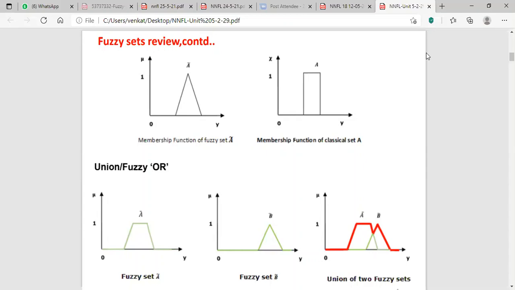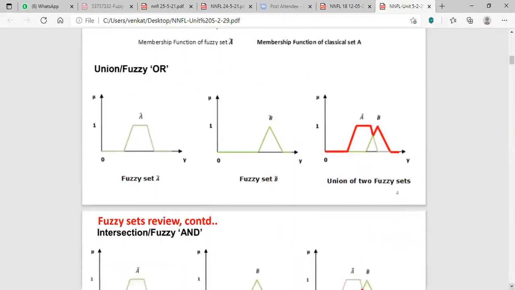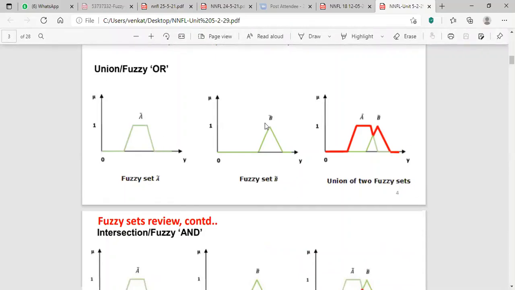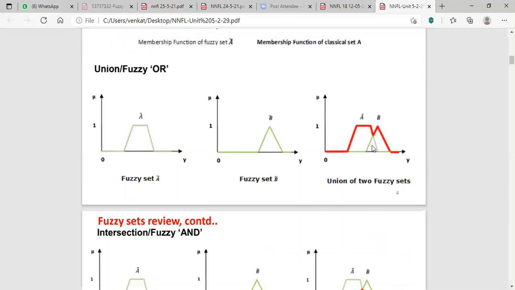Here, some of the operators we are learning: the union operator, or OR operator. Whenever you have two fuzzy sets, fuzzy set A and fuzzy set B, and you want to perform the OR operator, then you go for the maximum of the two membership functions.